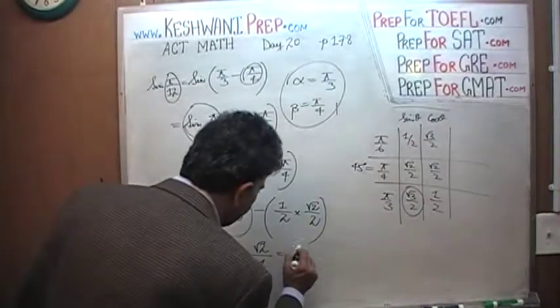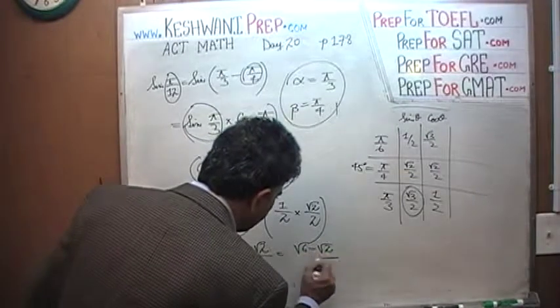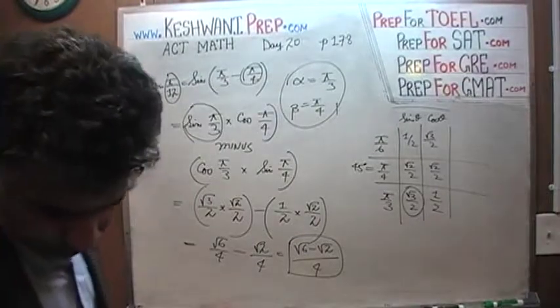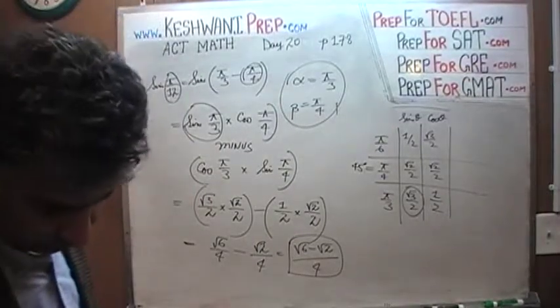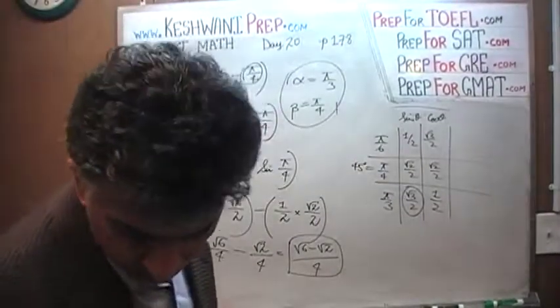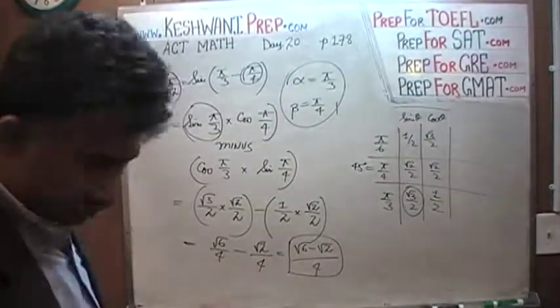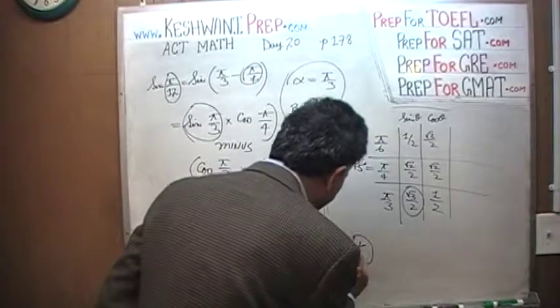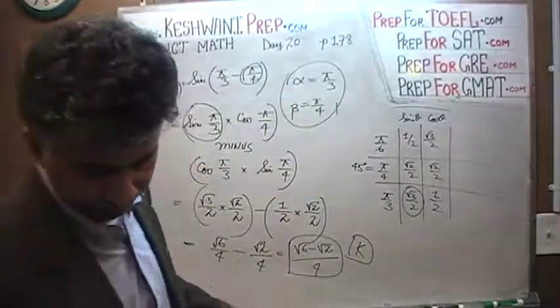So it is simply root 6 minus root 2 over 4. And I think we can just leave it here. Let's see if there is any answer choice that matches what we have. Root 6 minus root 2 over 4. That's answer choice K.